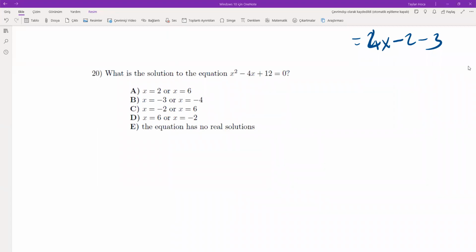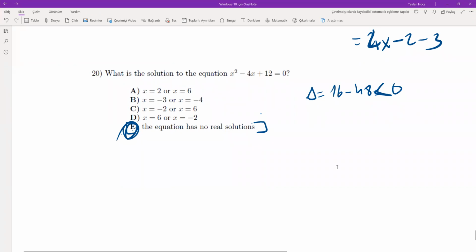So I again tell you to have a quick check if you have this. Just do a quick check before solving the equation. Delta: 16 minus 48 is less than 0. And anyway, the other answers cannot fit the equation.